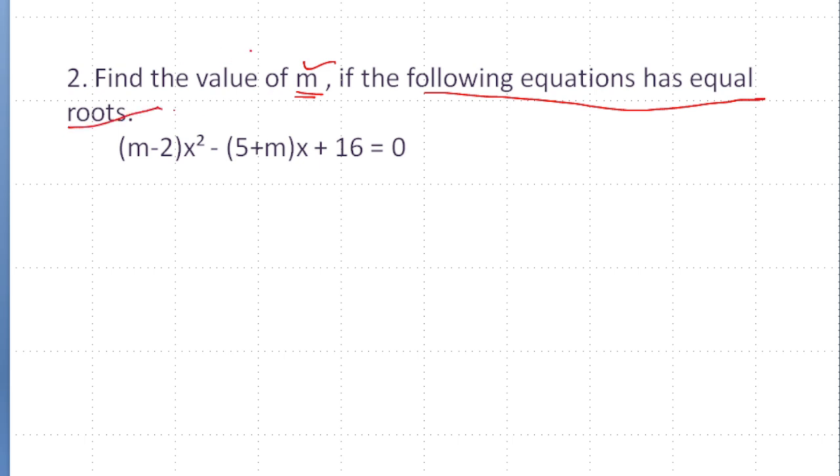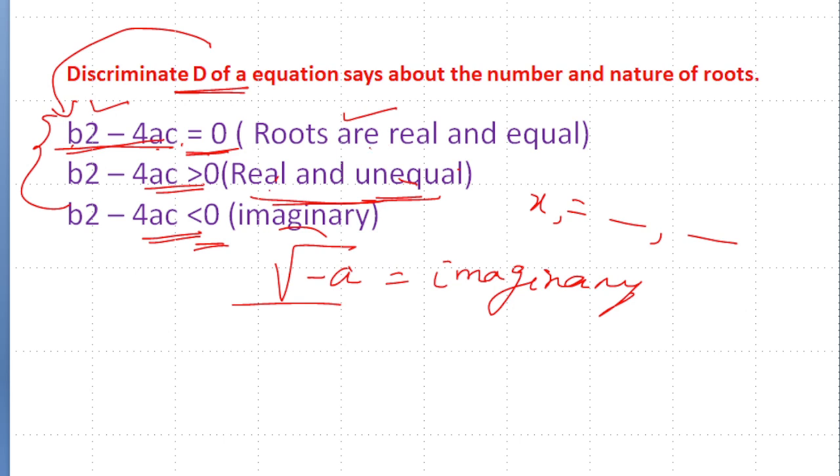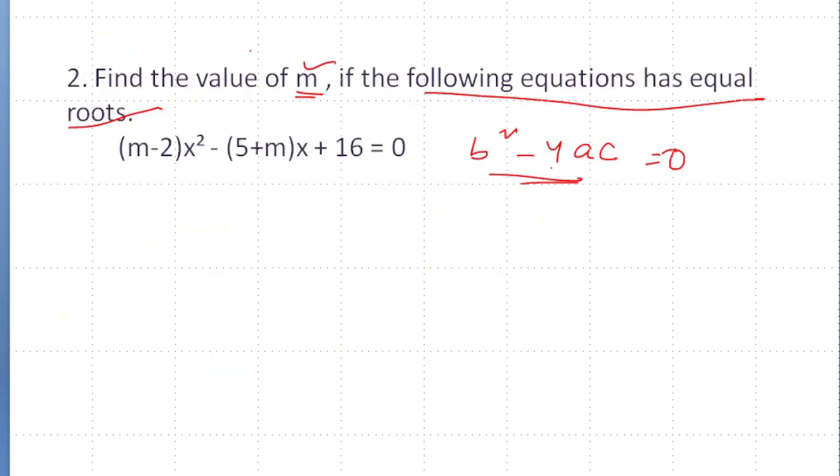What is the meaning of equal roots? The meaning of equal roots is b square minus 4ac equals to 0, because this you already read here. See here, roots are real and equal, where b square minus 4ac is 0. So what we will take? b square minus 4ac equals to 0. So take the b.